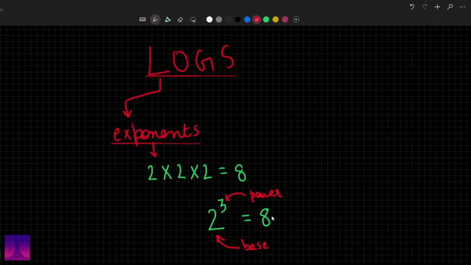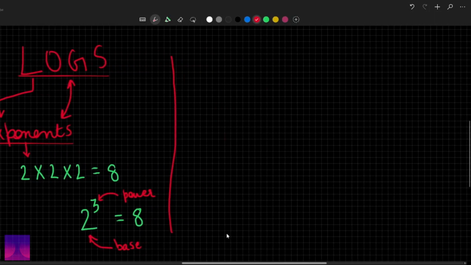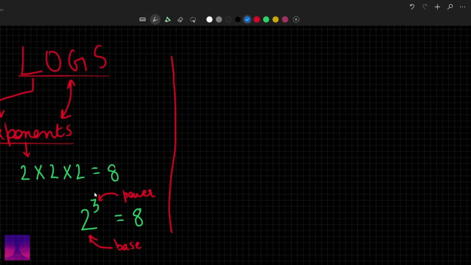Now, when I said that logs and exponents are really connected, let's see how they are connected. Let's try to write the same thing in the log notation. 2 to the power 3 equals 8, that's the exponential form.